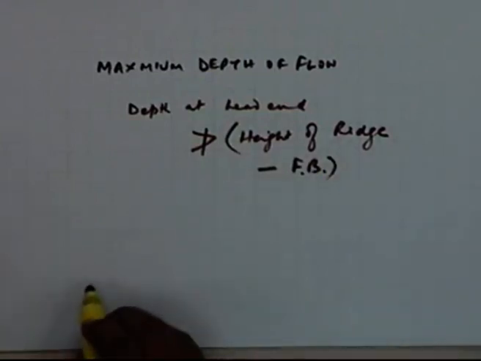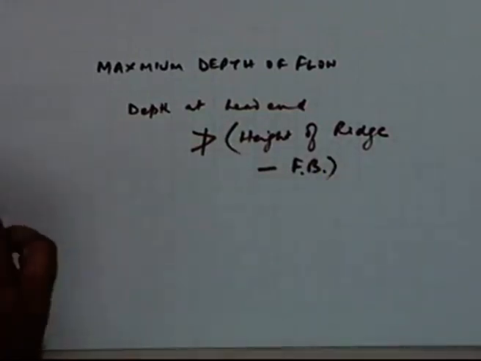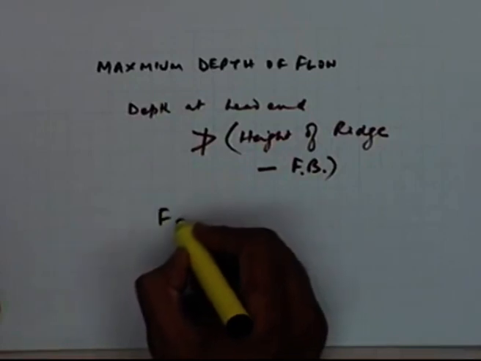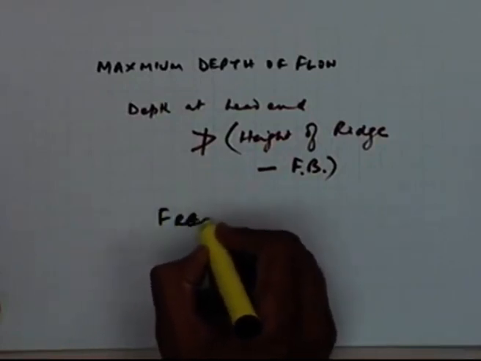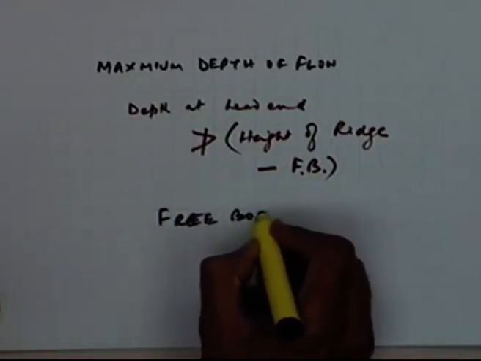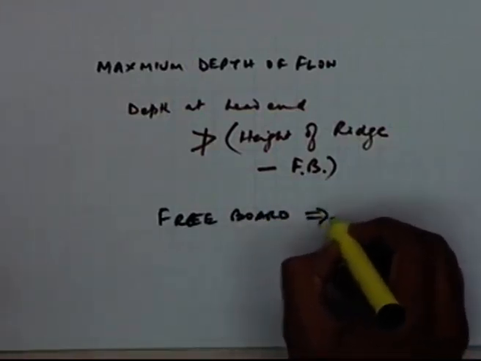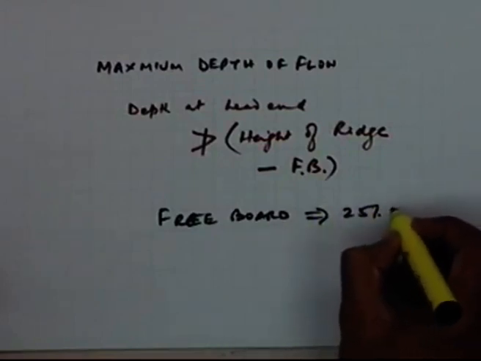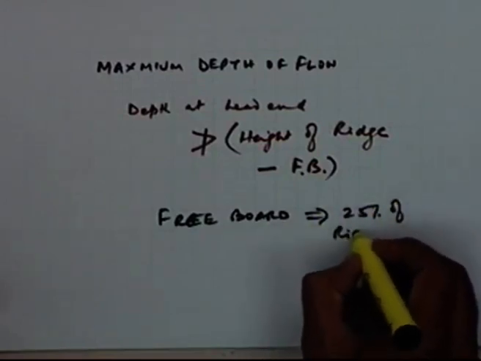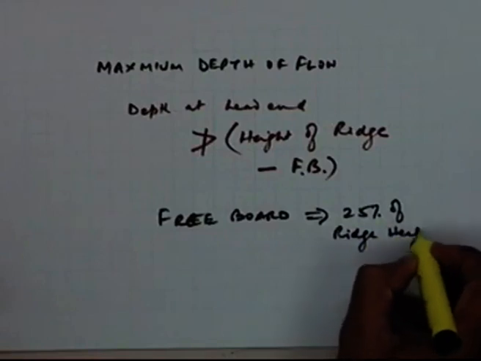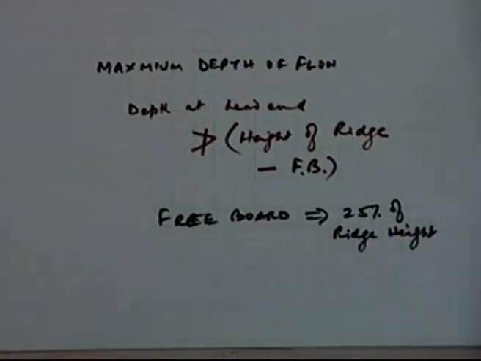and this freeboard is normally around 25% of the ridge height. That is the general criterion which is used, that 1/4 of the ridge height you keep as freeboard.